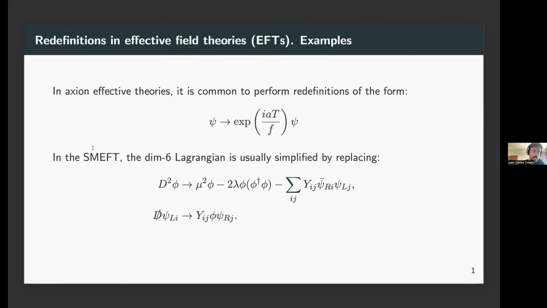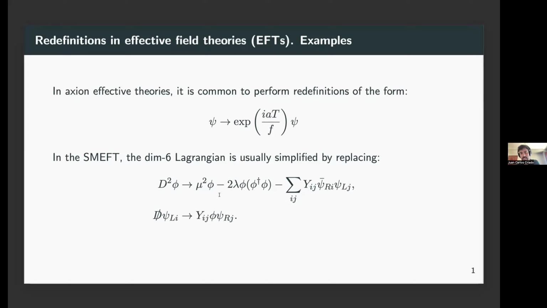And also in the standard model EFT, at dimension 6, for example, you simplify the Lagrangian by using the equations of motion. Typically, what you do is you take some operator that contains derivatives of the standard model fields and replace that derivative by what's on the other side of the equation of motion.